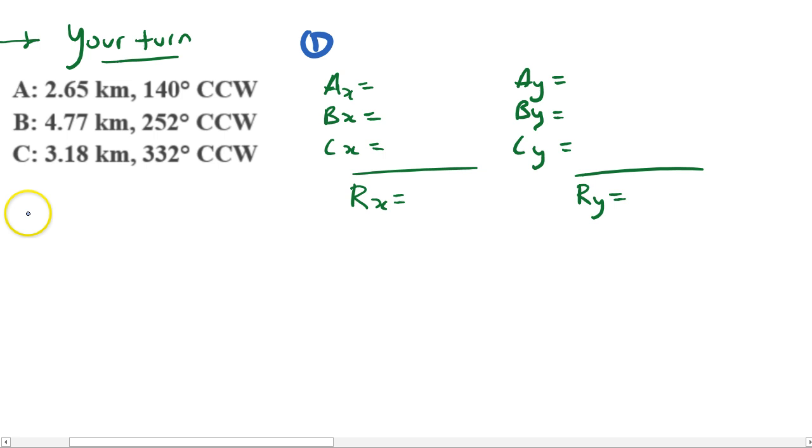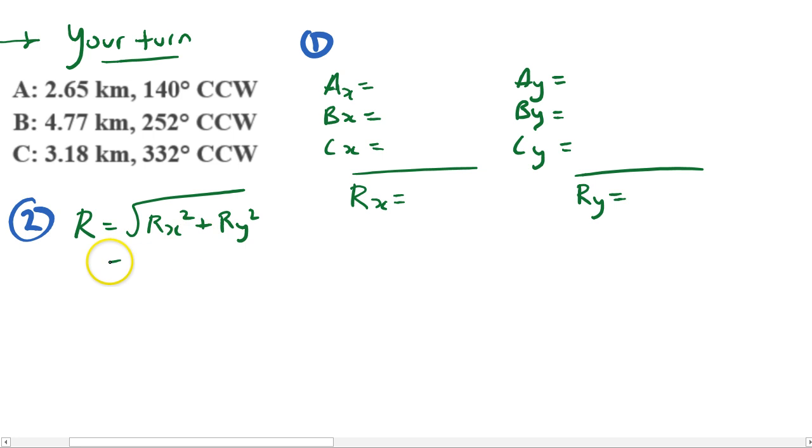Your second step is a little bit automatic. You need to find the resultant. If I have the x and the y, I need to add those together in a Pythagorean way. So the resultant is the square root of Rx squared plus Ry squared, and we'll figure out some answer there.